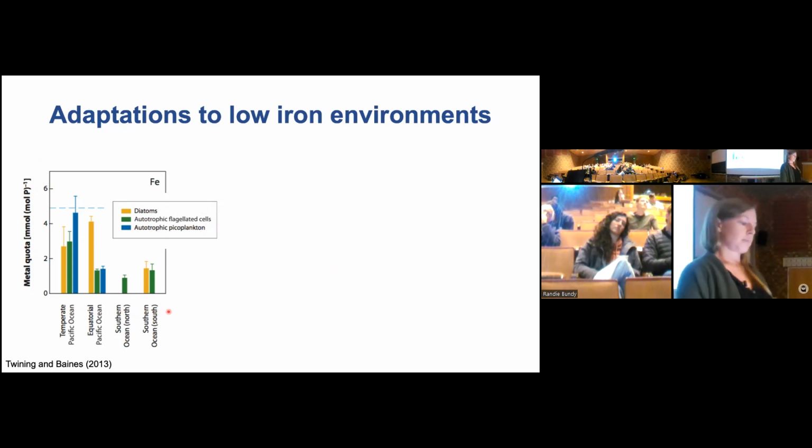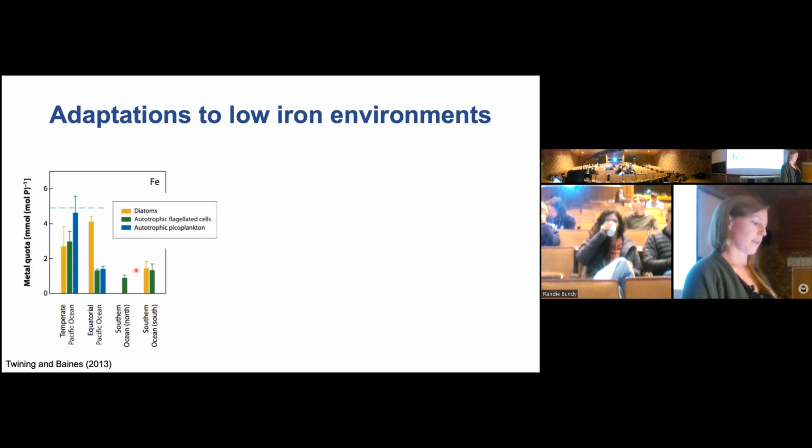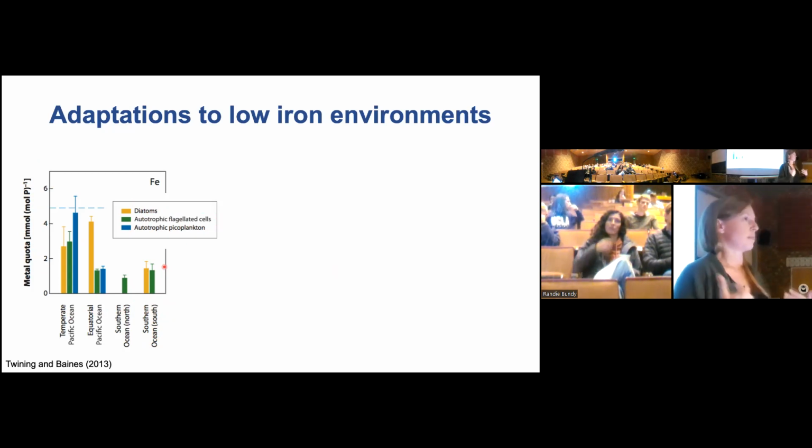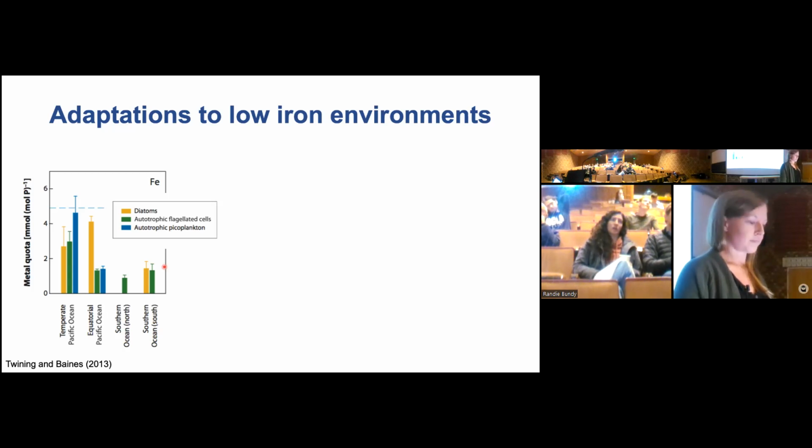We can see from this plot that in the Southern Ocean, our lowest iron ocean basin in the global ocean, those diatoms and flagellates tend to have lower iron ratios, so they need less iron. They've adapted in this low iron environment to basically need less iron. And they can do that in a multitude of ways, either substituting the metal center in different metalloproteins or various other physiological adaptations.